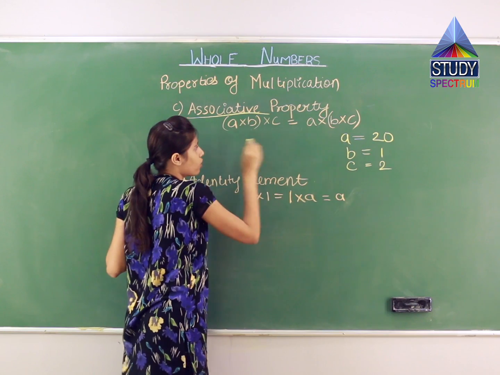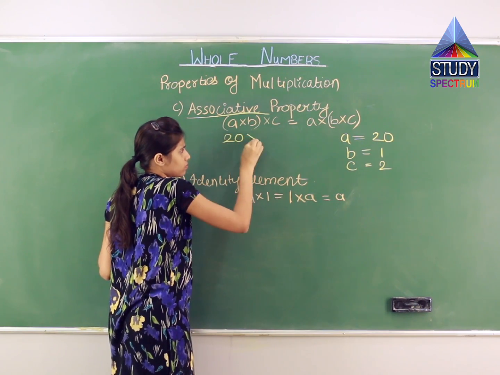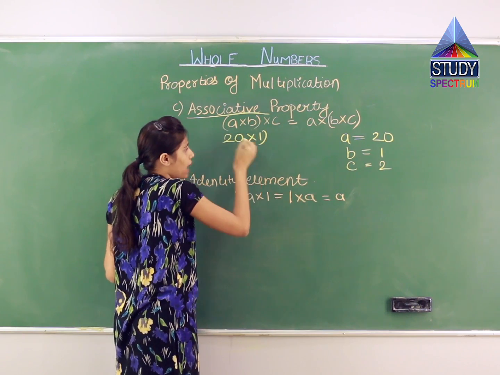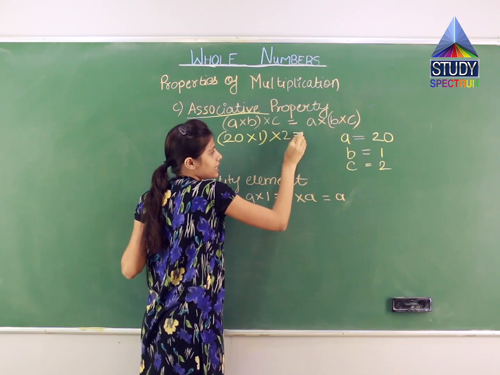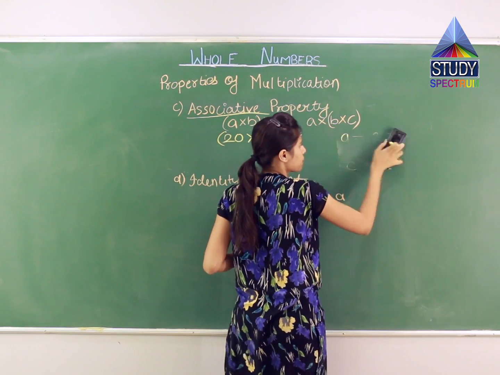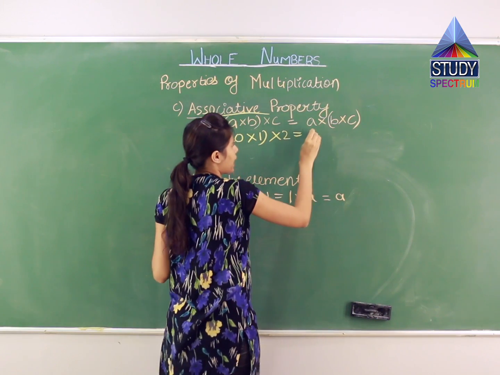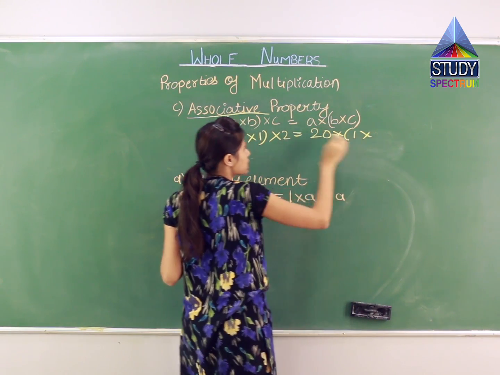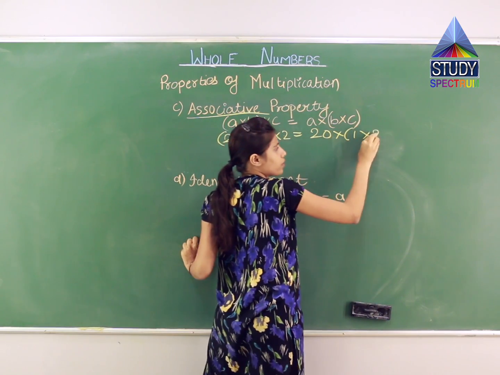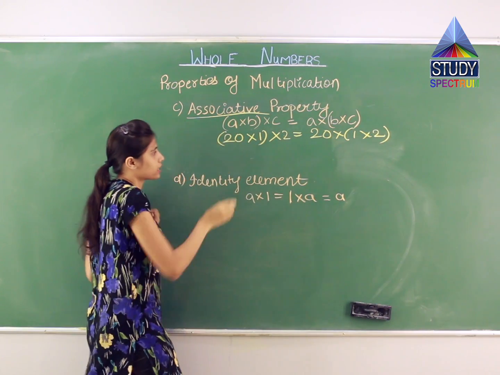A is replaced by 20. 20 into, in bracket, 1 multiplied by C, which is 2, equal to A, which is 20, multiplied by, in bracket, 1 into C, which is 2. So let us check.